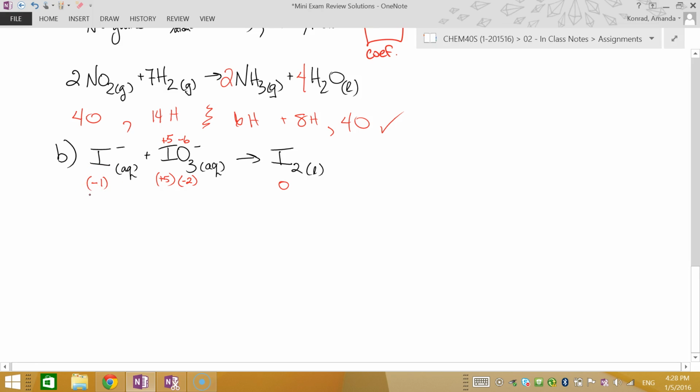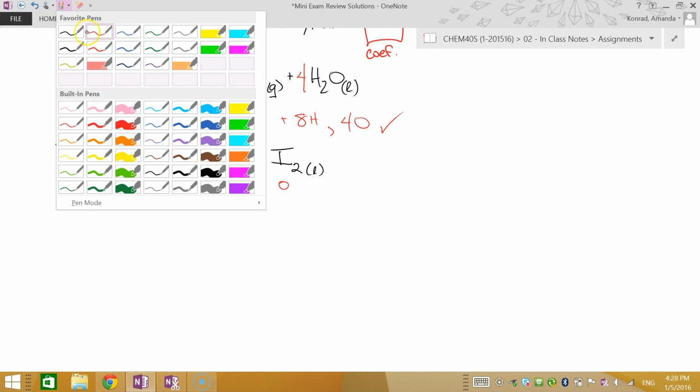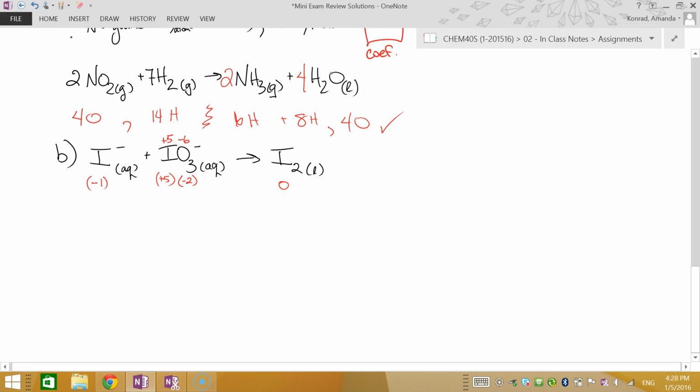Alright, so now that I've got my oxidation numbers, I can determine what is gaining and what is losing. In this case, it's a little awkward because it's iodine in both cases. So iodine ion, or iodide, is going to lose 1 electron. It becomes more positive by 1, from -1 to 0. This is per atom.